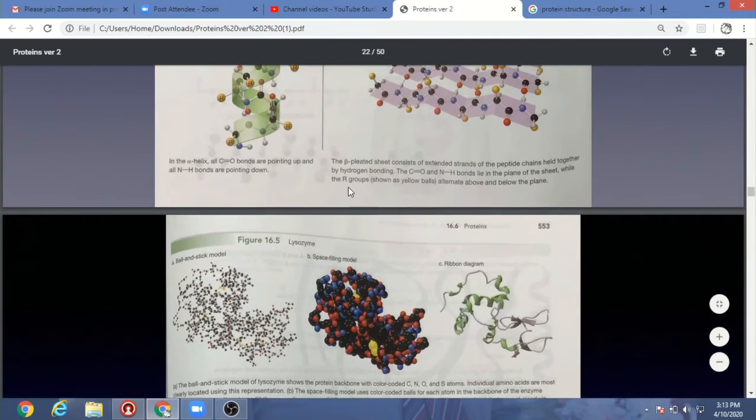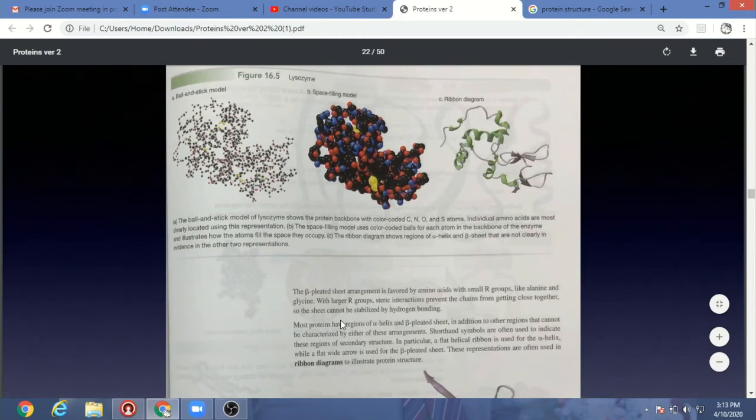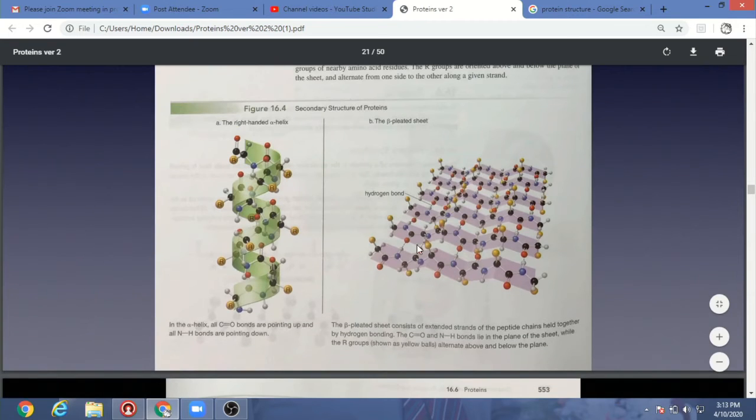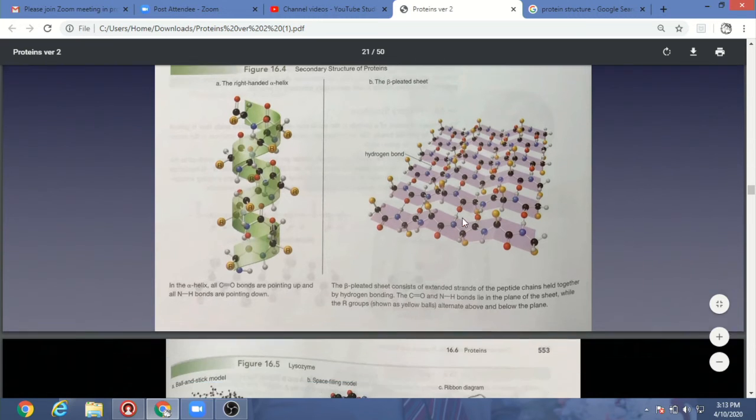Let's read this part. This is important. The beta pleated sheet arrangement is favored by amino acids with small R groups. So the beta sheet like this is favorable for amino acids that have small R groups. For small side chains, the beta pleated sheet's pretty favorable.